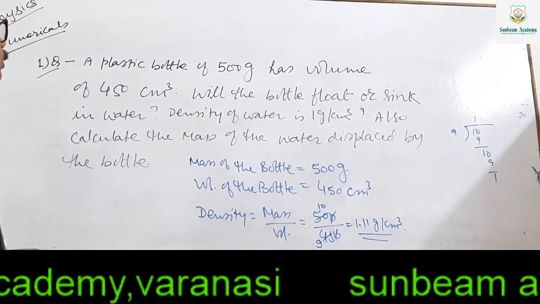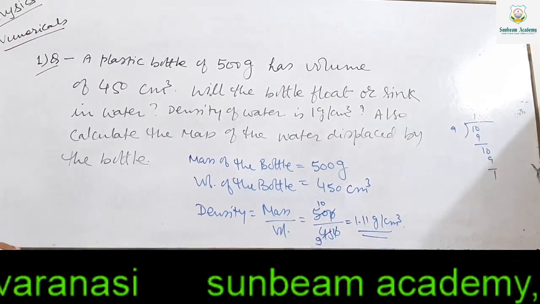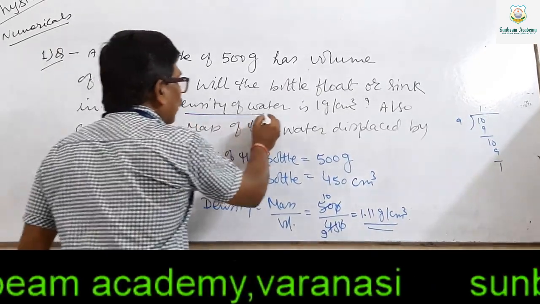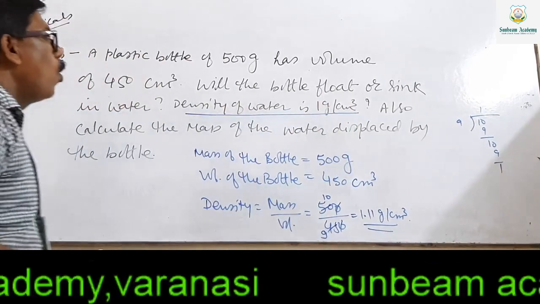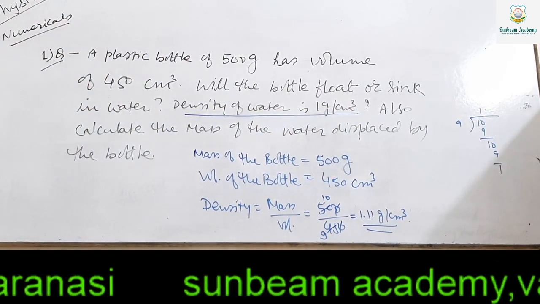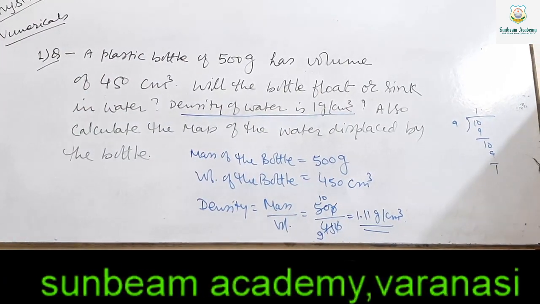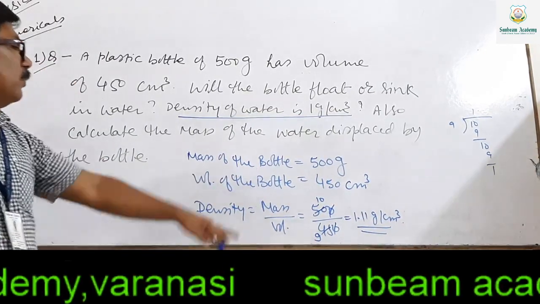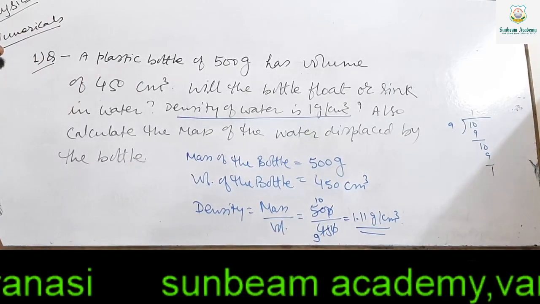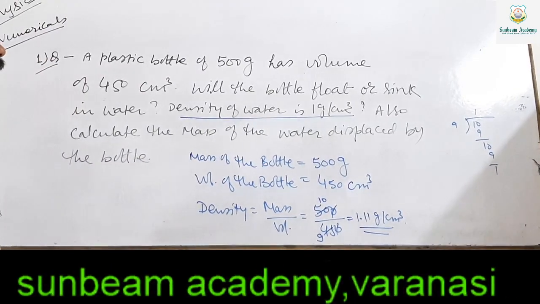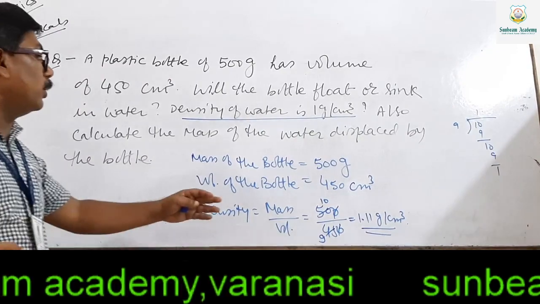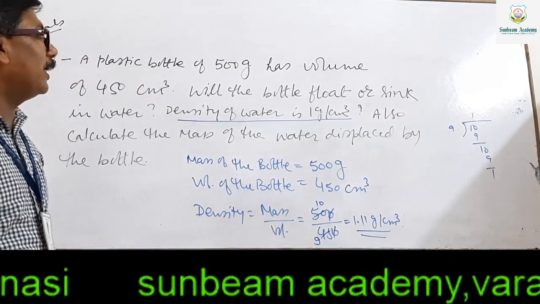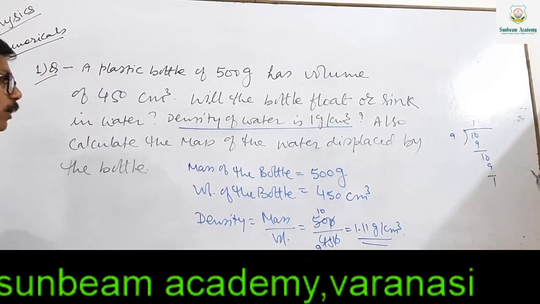Now, will the bottle float or sink in water? Now you see in the question, density of water is given how much? 1 gram per centimeter cube, and density of bottle is how much? 1.11 gram per centimeter cube. Which has more density? This bottle. This bottle has more density than whom?